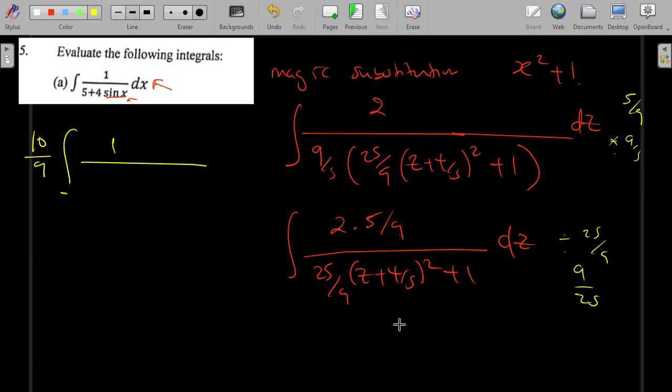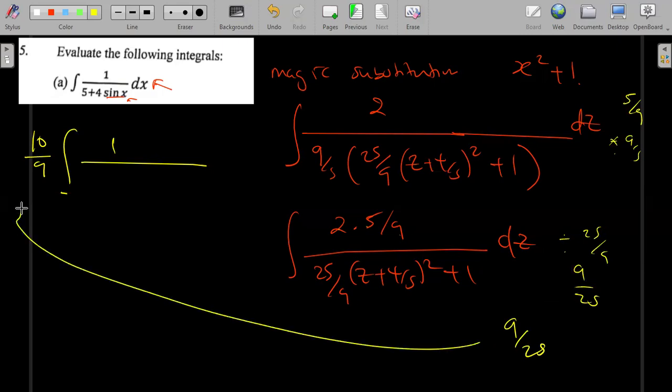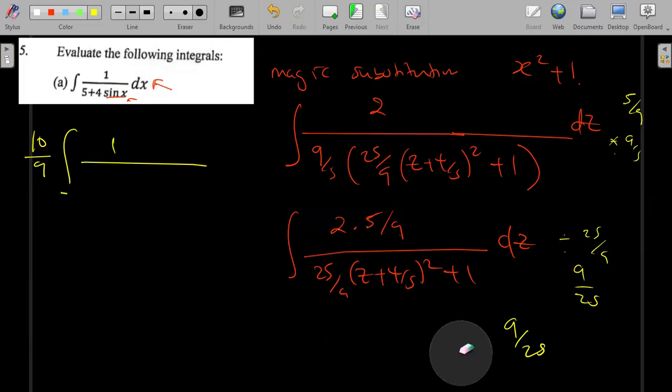So you see that here I can write this like this. If I have 9 over, this is 9 multiplied by 25. The 9 multiplied by 25 is going to multiply with what? With this here, which is the 10 over 9. And I'll have in front 10 over 9, multiplying by 9 over 25.